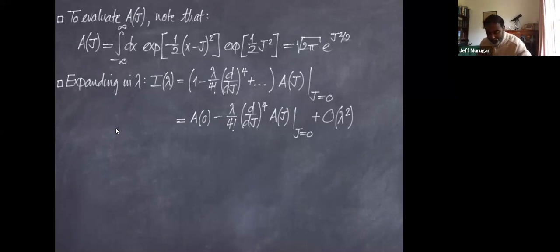This first term is already evaluated. We know what A of J is. A of J is the square root of 2 pi e to the J squared over 2. So A of naught is nothing but the square root of 2 pi.